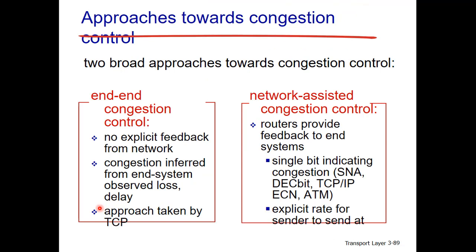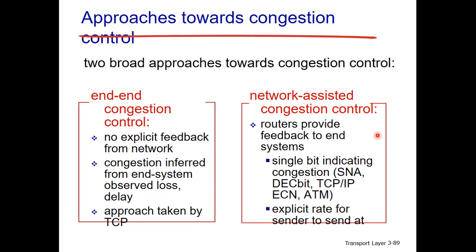There are 2 approaches to handle congestion. TCP uses the end-to-end congestion methodology. There is no explicit feedback from the network nodes. The sender identifies packet loss by timeout, or congestion is inferred from the loss observed at the end system, which is the approach taken by TCP.